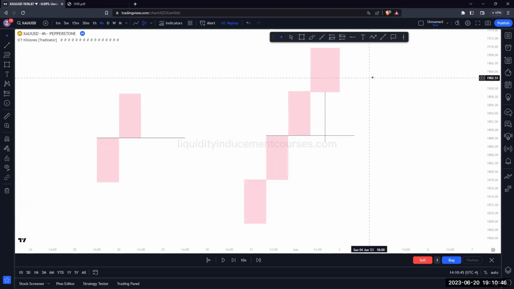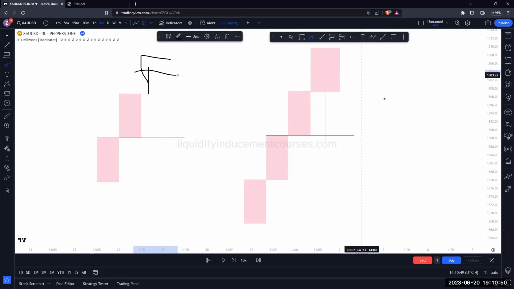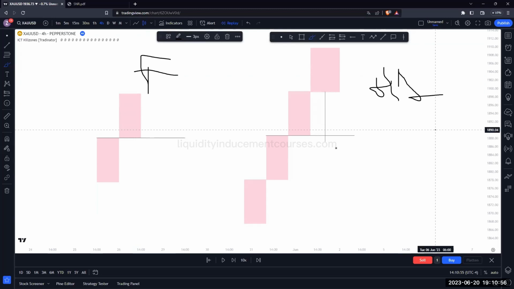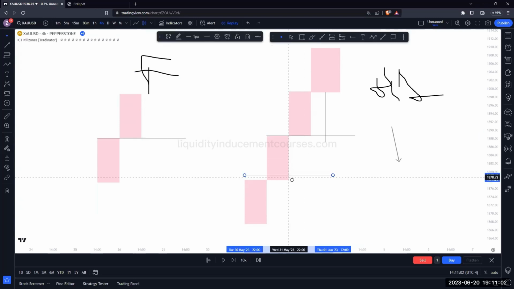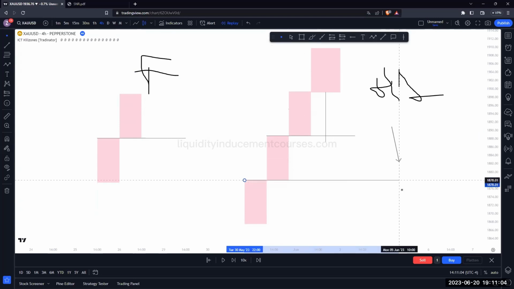This is H4, and this is H1. H4 is fresh, and H1 is not fresh. In this case, we want to buy. So what you do on H1 is you look lower if you want to buy, or look higher if you want to sell, for a fresh level. That's the one you take.